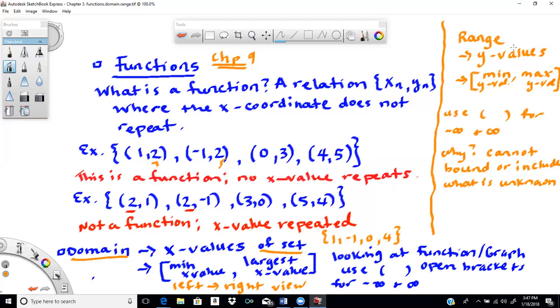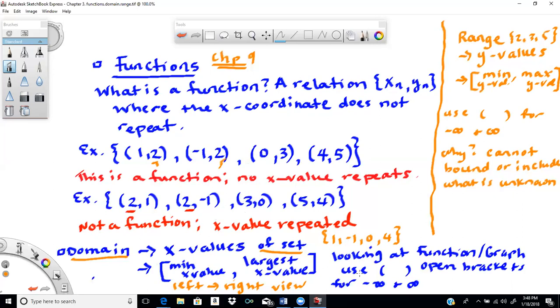The range is the y values. So that would be 2, you don't have to repeat it, 3, and 5. Because we have a finite number of points in a set, we're able to write the domain and the range in that format, as a set.